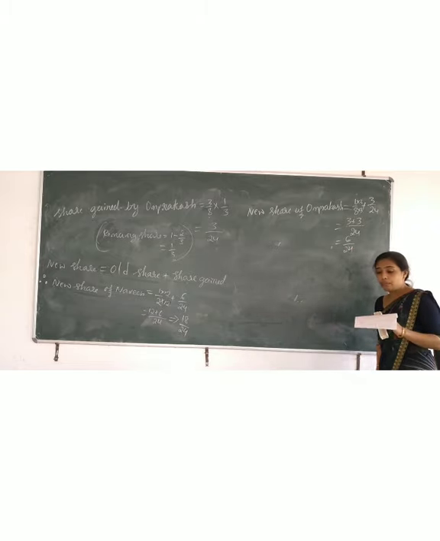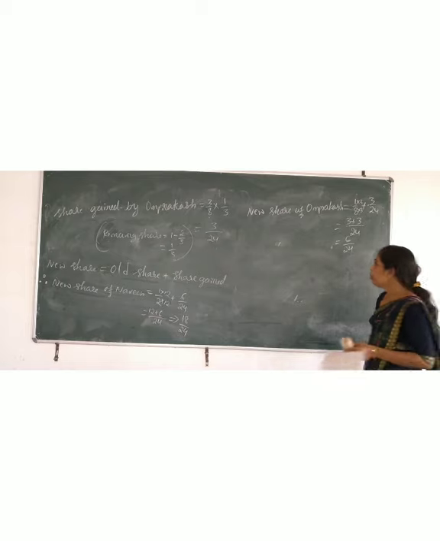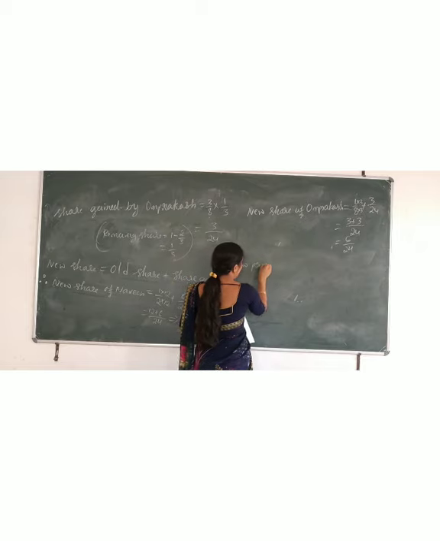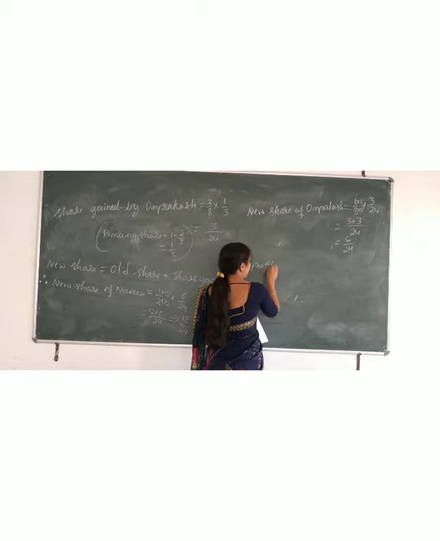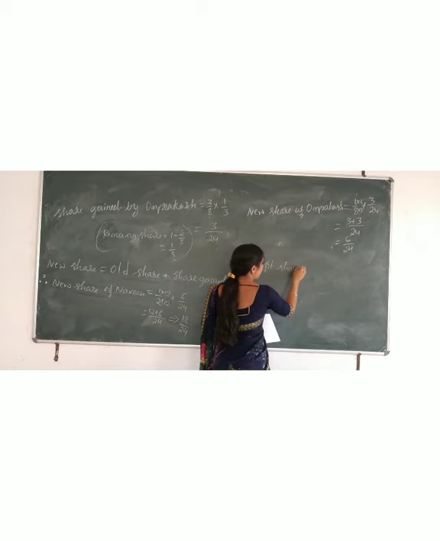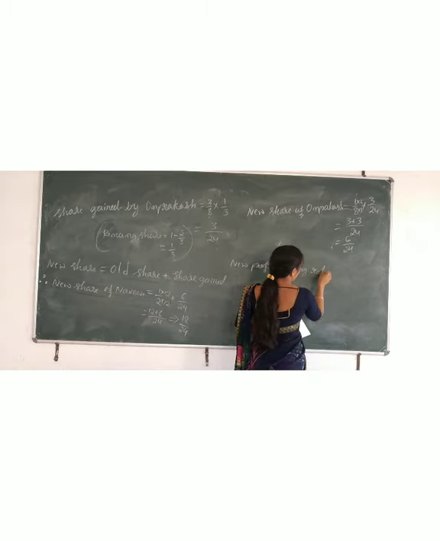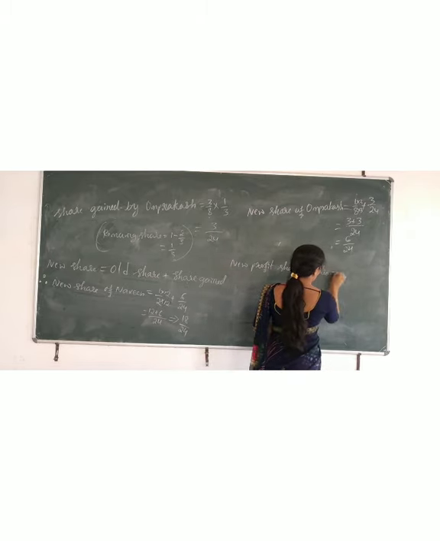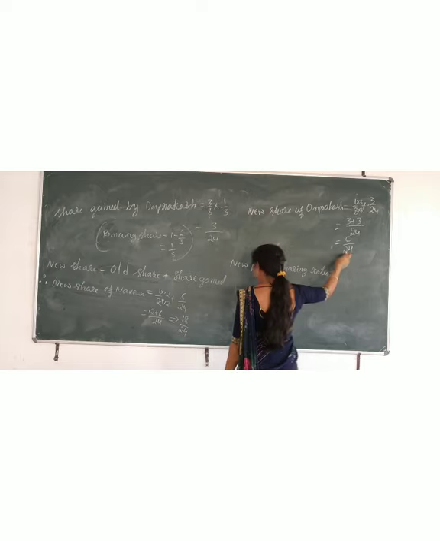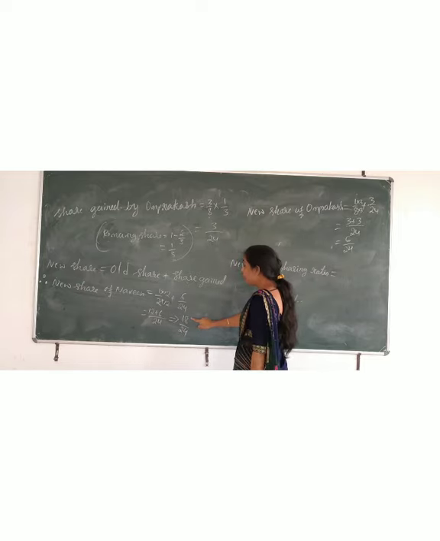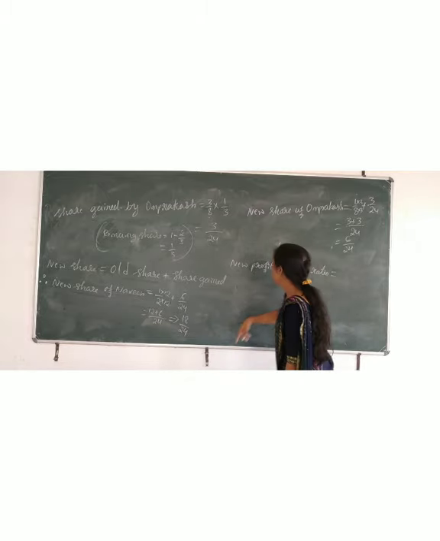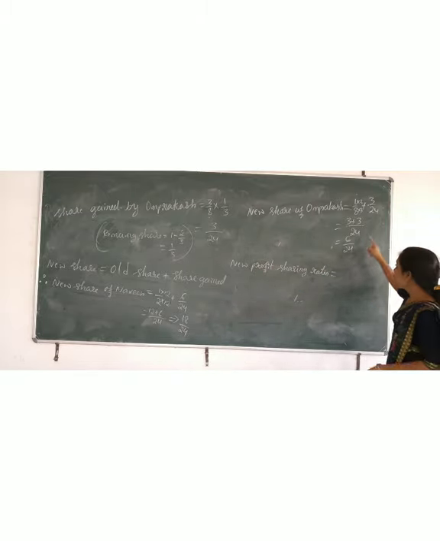So now we need to write the new profit sharing ratio. Naveen's share is 18 divided by 24 and Om Prakash's share is 6/24.